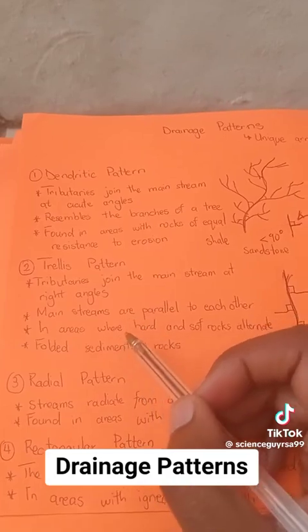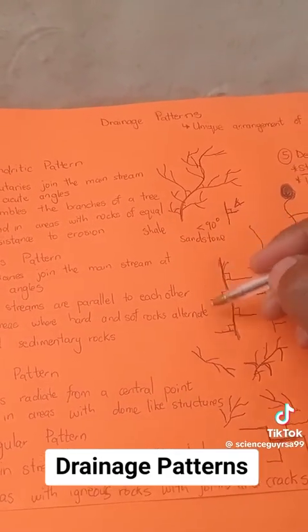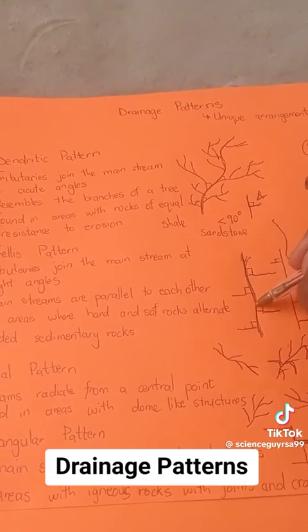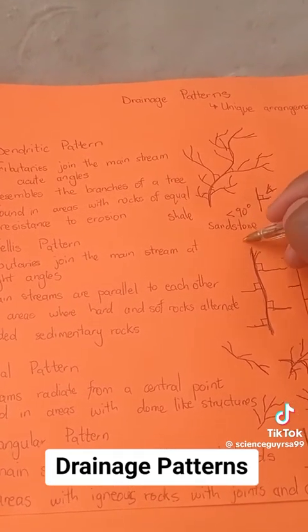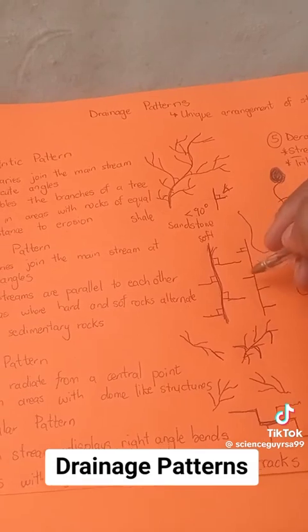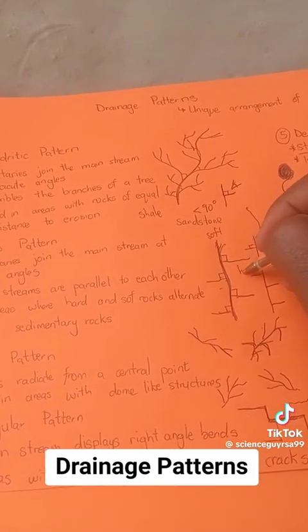You'll find them in areas where hard and soft rocks alternate. The fact that you have streams means that maybe the rock underneath is a soft rock. And then maybe in between these main streams you have a rock that is hard.